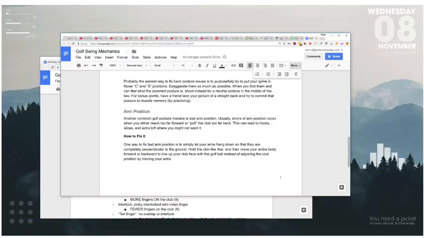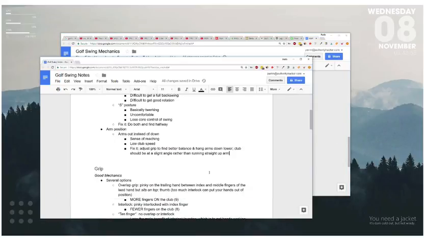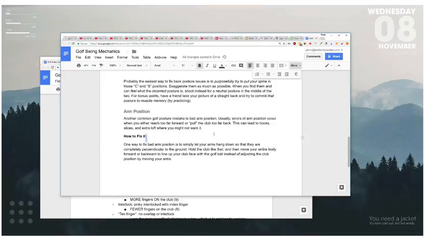Good enough. We'll talk about it more in the grip section. Oh yeah, and low club speed.